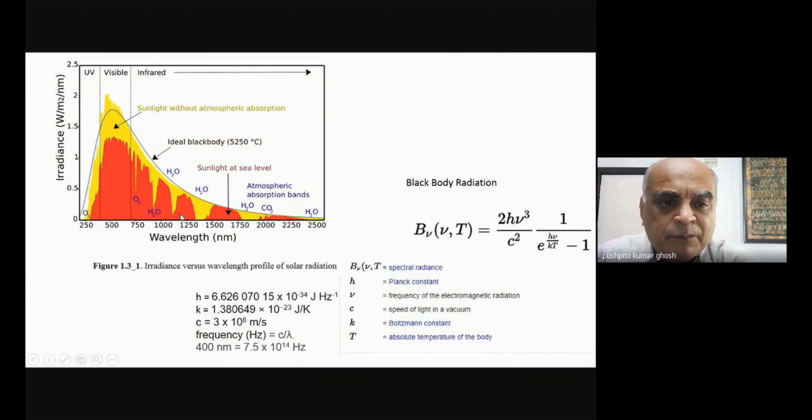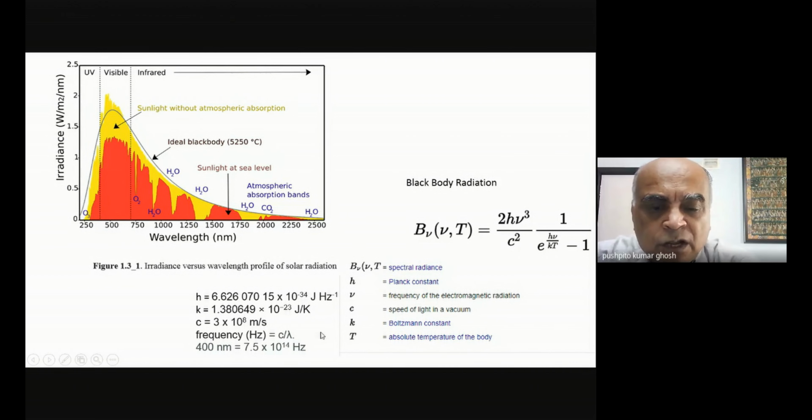So if, for example, I've got 400 nanometers, somewhere here you can see 400 nanometers, I just have to plug in. The frequency will be equal to c divided by the wavelength, which is 400 × 10^-9 meters.